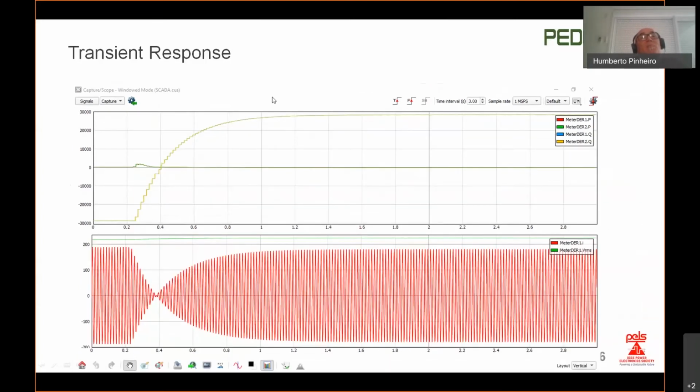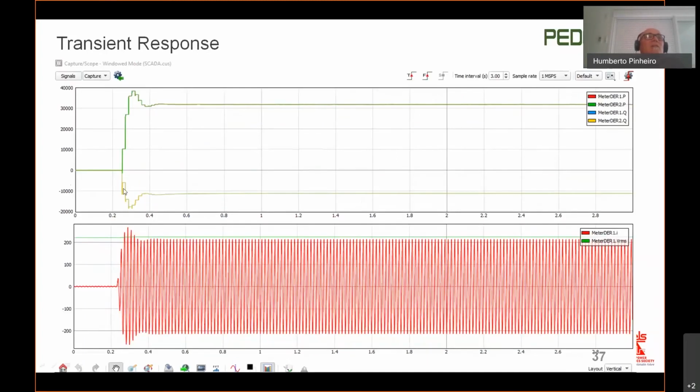Now the step response for the change in the reference of reactive power follows the dynamics associated with the coefficients that we have decided, KV and KP, and in the steady state it converges to the desired reference. The response to a sudden change in the grid frequency is also similar to the conventional Droop.